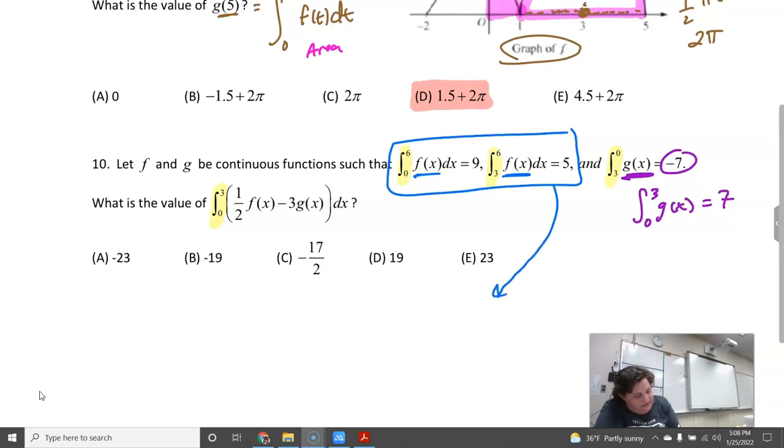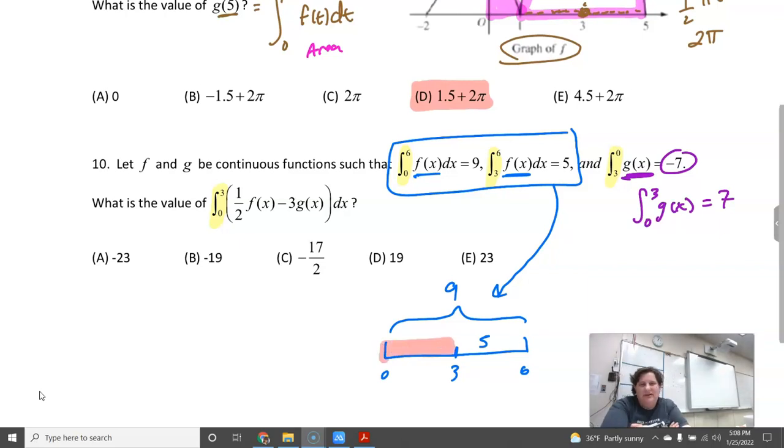Okay, but look, I'm going to do it down here. If 0 to 6 is 9, so this whole thing is 9, and 3 to 6 is 5, what is this part that's left right here? So I kind of draw it visually sometimes. I'm like, okay, if the whole area from 0 to 6 is 9, 3 to 6 is 5, then this little part has to be 4, okay?